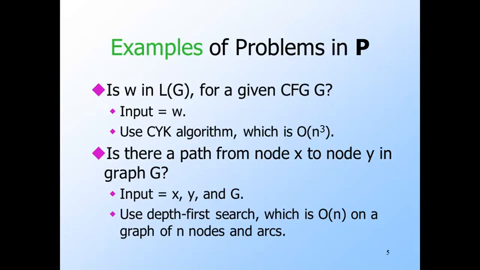Note that if there are m nodes, it takes order log m space to represent one node, so n, the input length, is actually somewhat greater than the number of nodes and arcs, but the difference is unimportant since we are only worrying about polynomial versus not polynomial. Depth first search answers this question in time that is linear in the number of nodes and arcs.